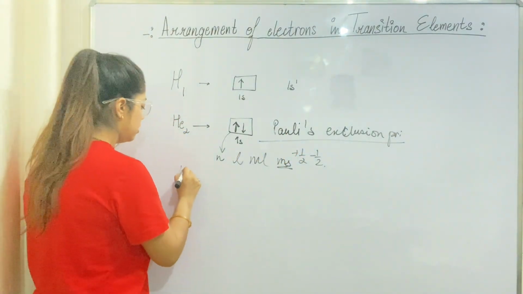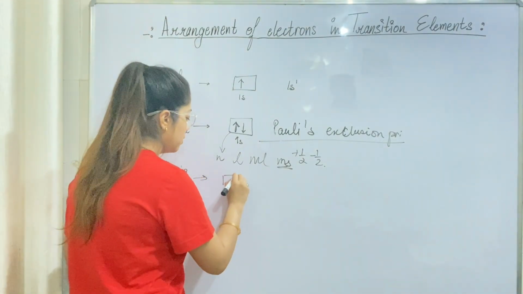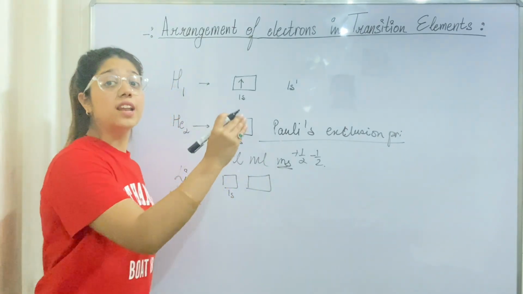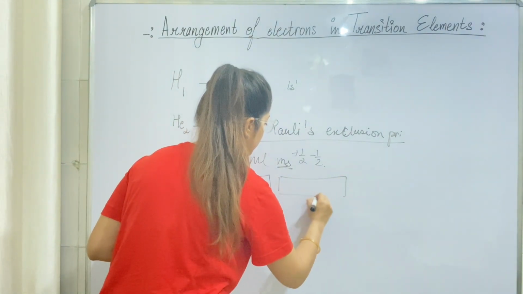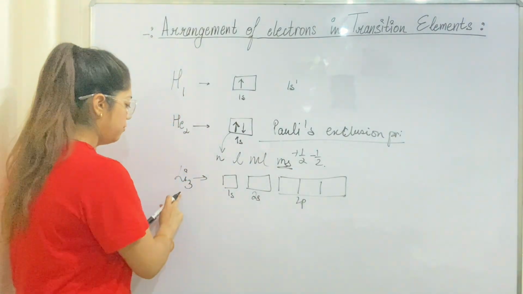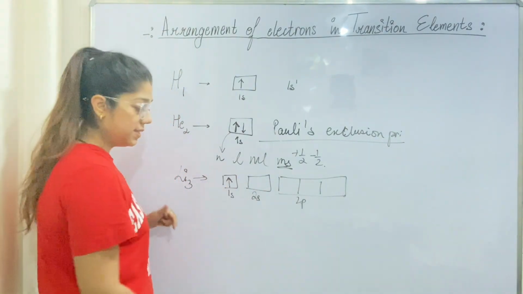Now talking about the third one, which is lithium, having atomic number 3, right? So 1s, okay, and then we will need the second shell as well. So the second shell has 2s, then 2p, correct? Now the first electron will go in 1s, of course. I hope this is clear.